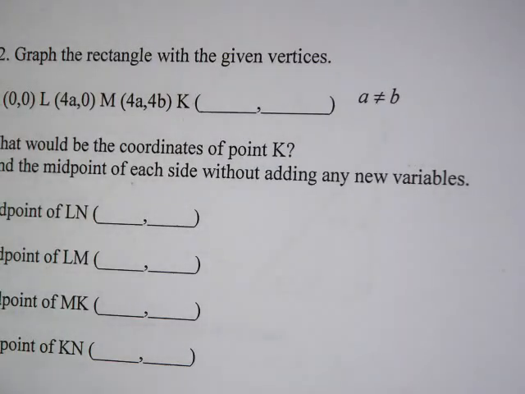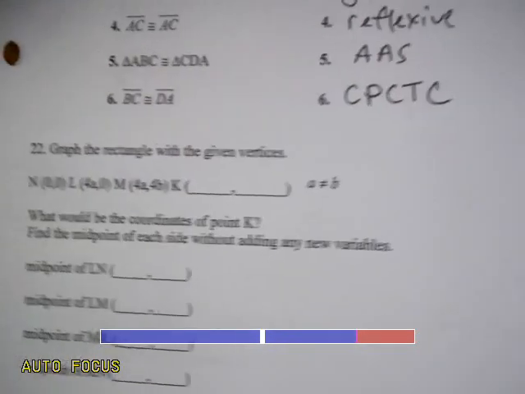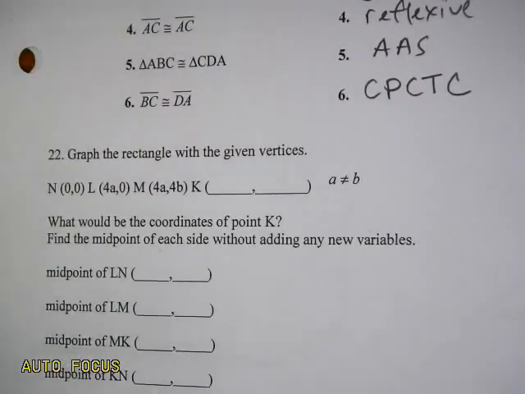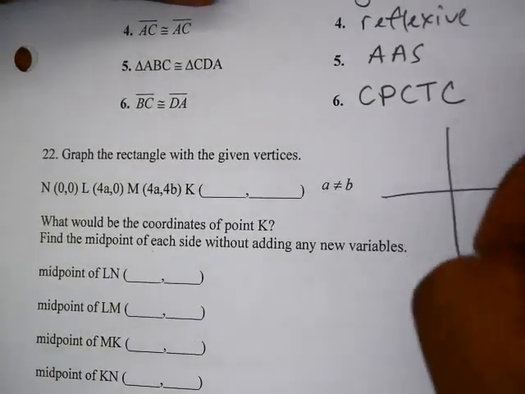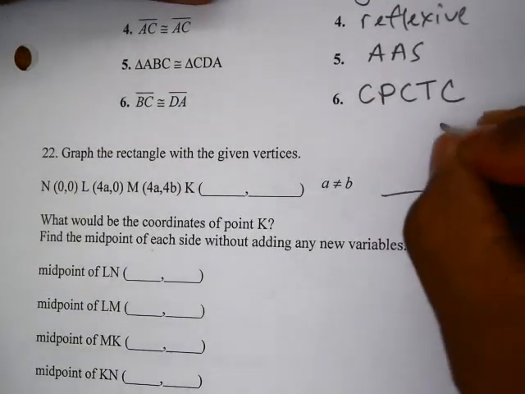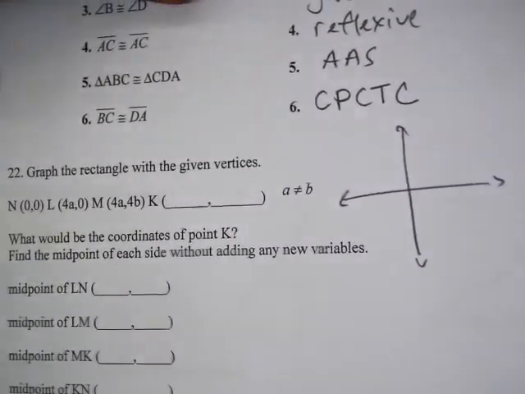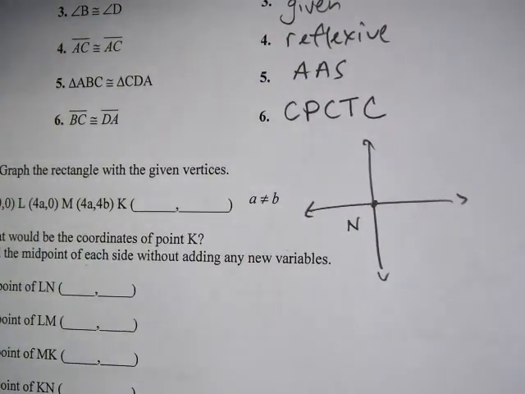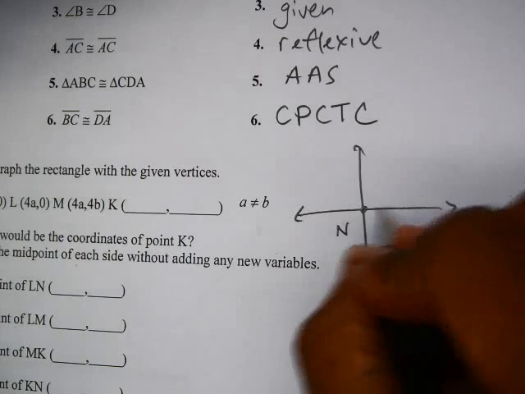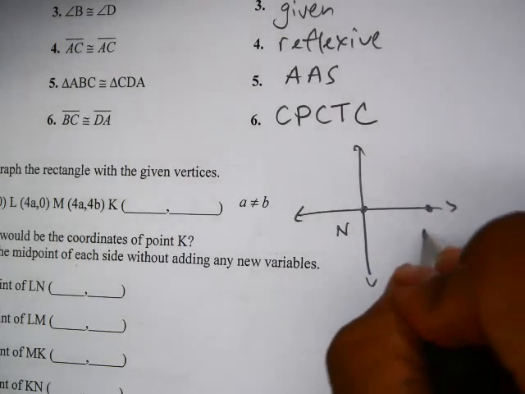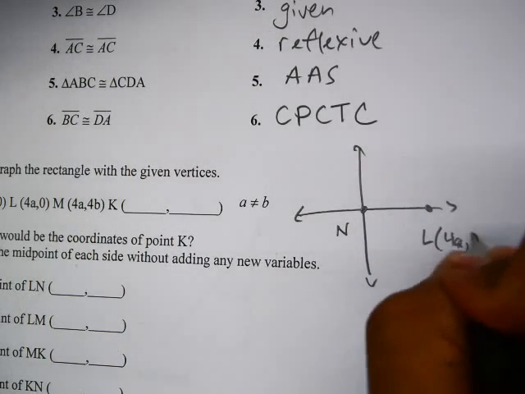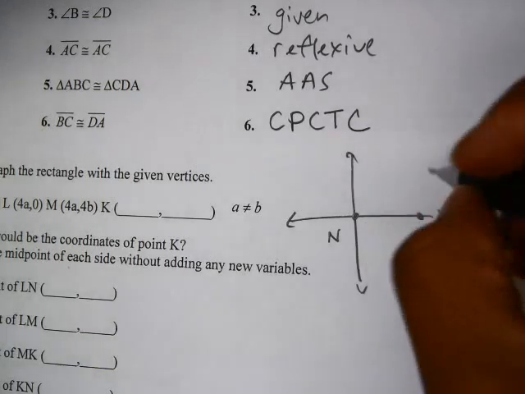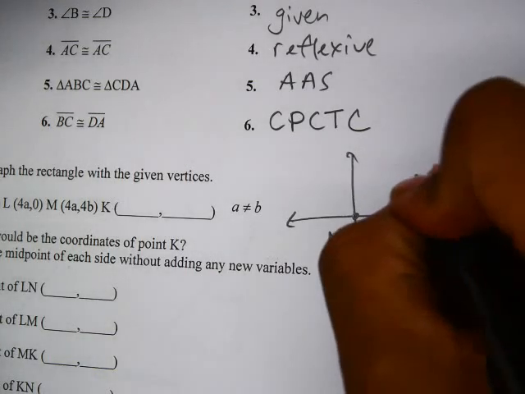Alright, and 22. We're supposed to graph this rectangle with these given vertices. Okay, so pretend this is my Cartesian plane. N is at the origin, so N is at 0, 0. L is at 4a, 0, so let's pretend L is over here, and that's 4a, comma 0. M is at 4a, 4b, that's somewhere up here.